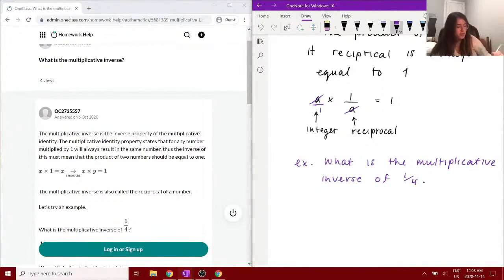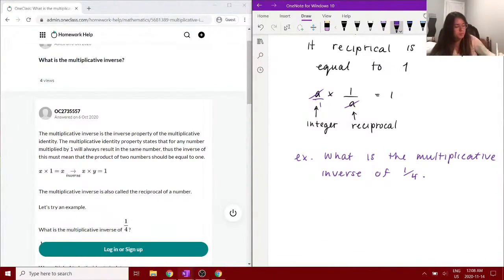So if we're applying what I was talking about up here, I kind of messed it up a little bit with all this extra stuff. But okay, if we have our 1 over 4, we don't know what the multiplicative inverse, or the reciprocal, is, so I'm going to leave that as a, instead of x, because we have the multiplication sign.